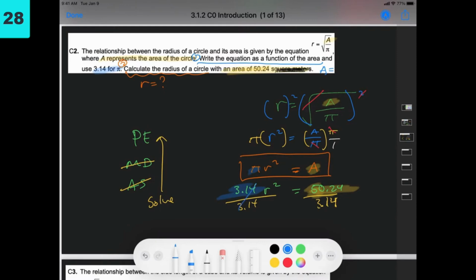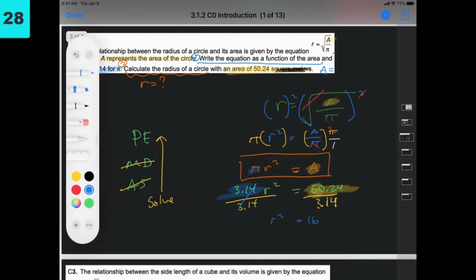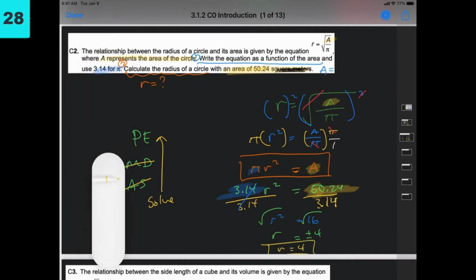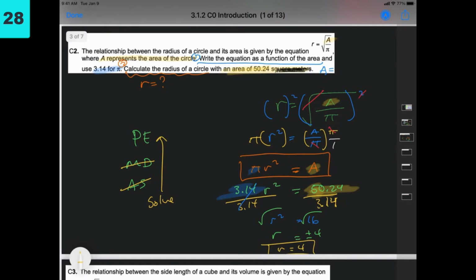So r squared equals 16. And then basically, you're going to get rid of that by taking the square root. And some good math here is that it's actually equal to plus or minus 4. But r is radius, it's a distance, so it's really just r equals 4. Okay? So, calculate the radius of a circle. We did that by solving for r. I solved for the formula there, and that's our answer.